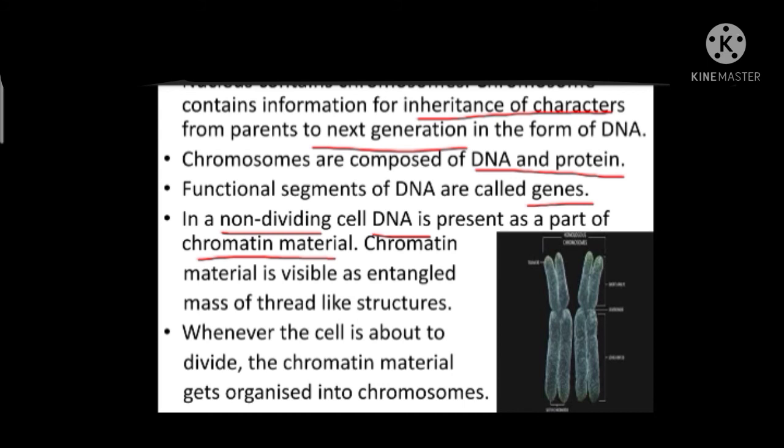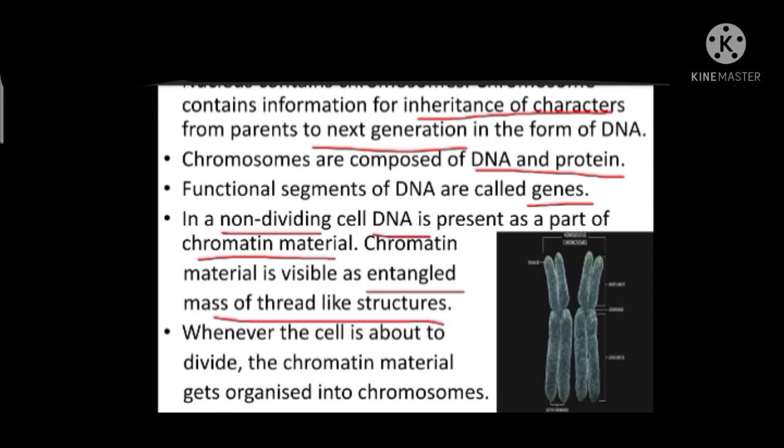So what is that chromatin? It is an entangled mass of thread-like structure. What do you mean by that? It is a highly coiled thread-like structure. The chromatin material will be seen as very long, thin, thread-like structures which are coiled with each other.